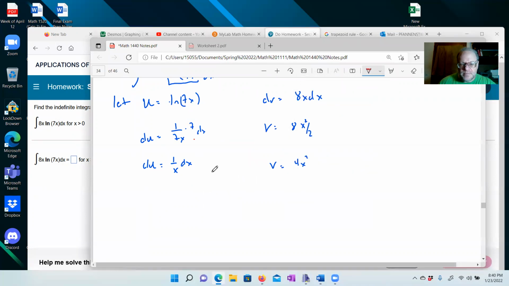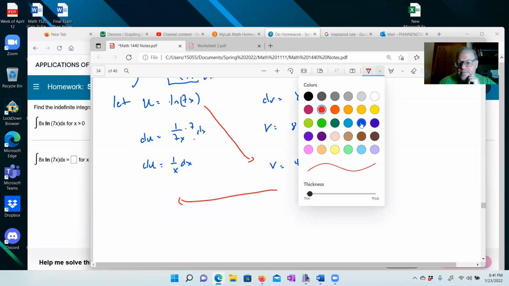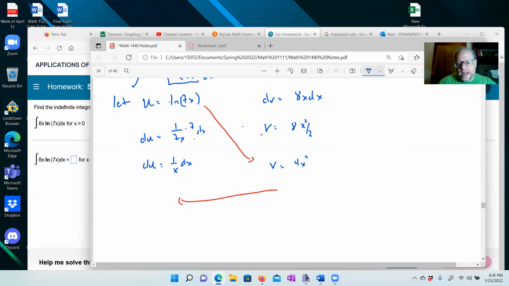So it's just going to be uv minus integral v du. When I go to write this down, we're going to have uv, so this is 4x squared times natural log of 7x, minus integral v du.